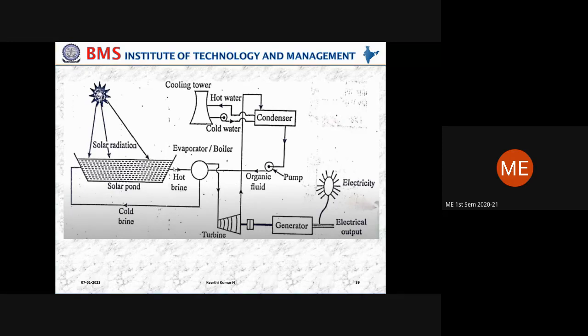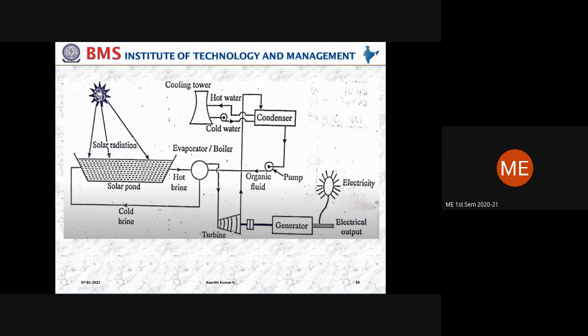So as the temperature of this salt water is 90 degrees, this organic fluid starts evaporating at a very low temperature, about 40 to 50 degrees. Once 40 to 50 degrees is reached, it will start evaporating and converting to steam. That steam is allowed to pass through this turbine.